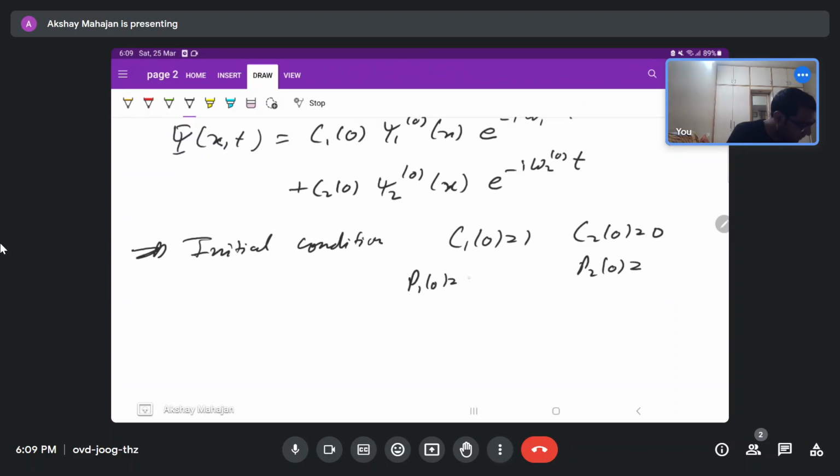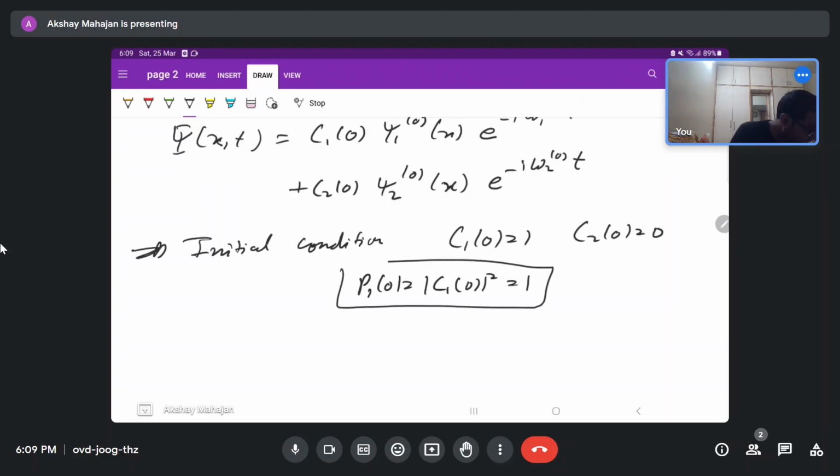P1 of 0 will be equal to mod of C1 of 0 squared, which is equal to 1, and P2 at t equals 0 will be mod C2 at t equals 0 squared, and since that is 0, P2 of 0 has to be 0.